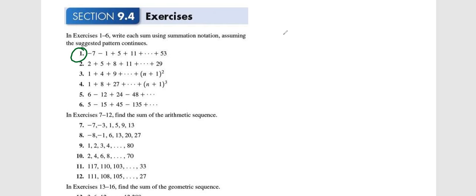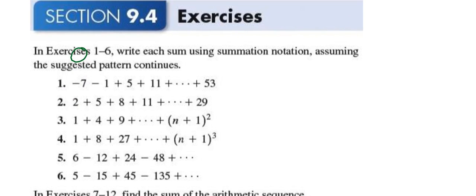Maybe I should zoom in. I got 1 vote for arithmetic. Okay, we got a couple votes now. That's good. We're adding? What are we adding? Well, don't tell me we're adding. I know it's a series.